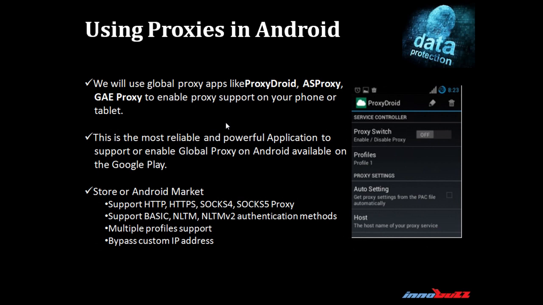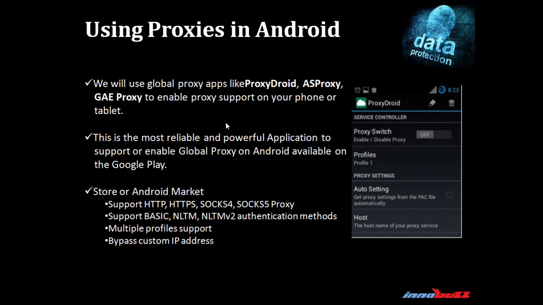Now let us take a look into how we can use proxies in the Android operating system. Here, we will use global proxy apps like ProxyDroid, AS Proxy, and GAE Proxy to enable proxy support on your phone or tablet. This is the most reliable and powerful application to enable global proxy on Android, available on the Google Play store or Android market.